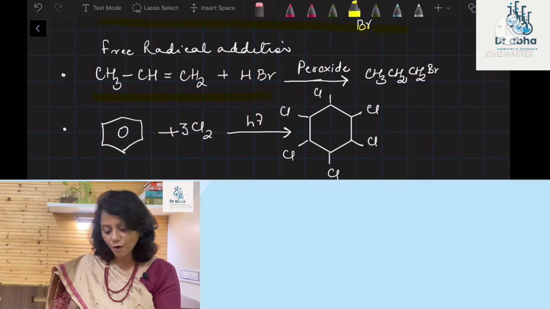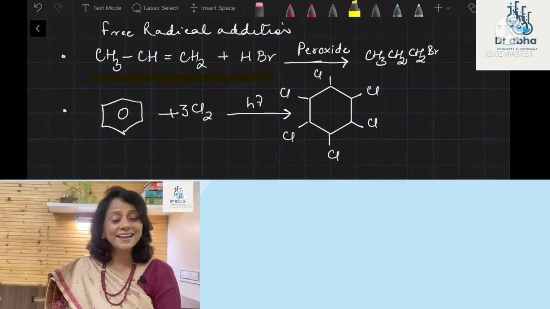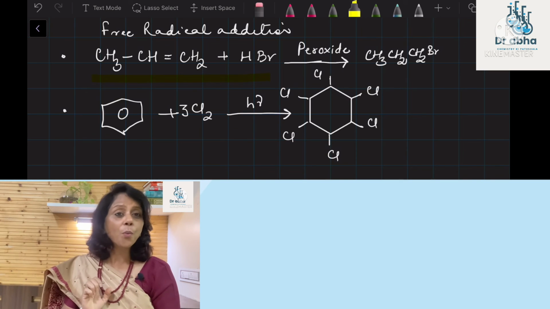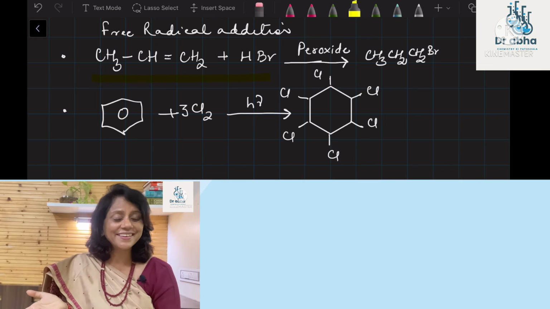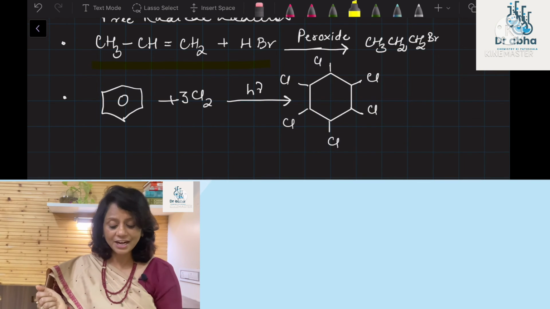Okay, now let's move on to another type of free radical addition, with benzene. As I said, benzene resists addition reaction. Why does it resist addition reaction? Because we know its aromaticity will be lost. The 3 double bonds which it has will be broken, sooner or later, as it starts undergoing addition reaction.